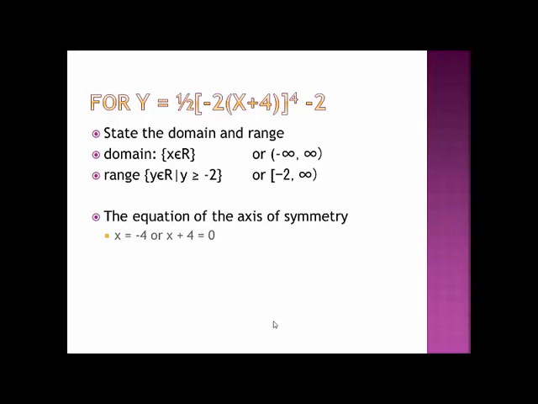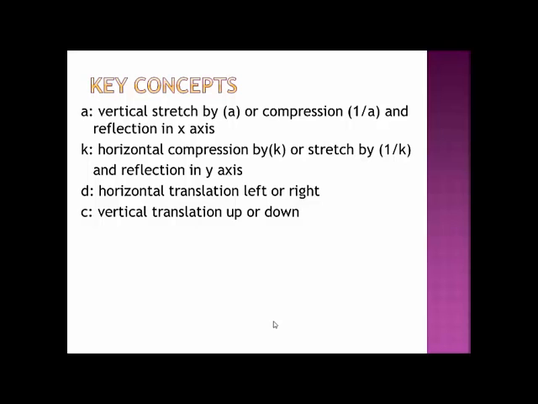If we look at the equation of the axis of symmetry, that is x equals negative 4, and our vertex, negative 4, negative 2. So just to summarize the key concepts here: the A value, vertical stretch or compression; K value, horizontal compression or stretch; D value is the horizontal translation left or right.